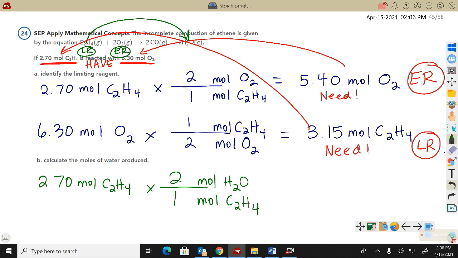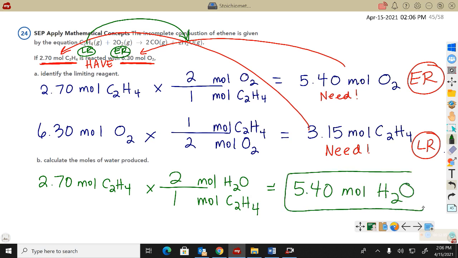All right, so 2.7 times 2 is 5.4. And this would be moles of water. There we go. Moles of water produced. And here we can just keep it in moles. Typically, I might go then back to grams if I were actually going to measure the amount of water formed.